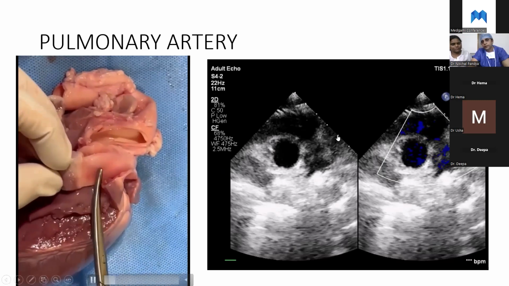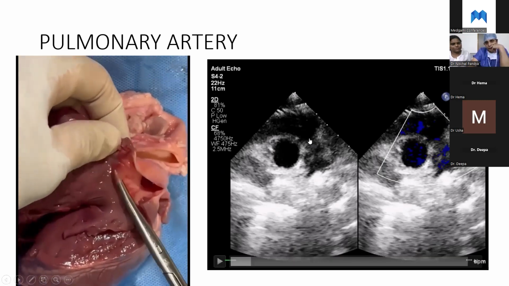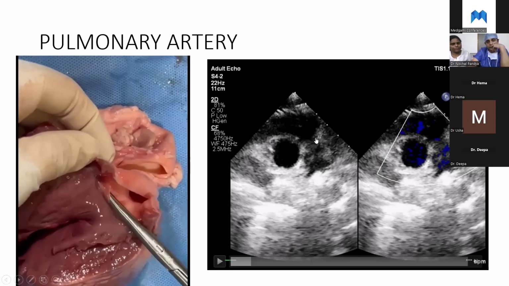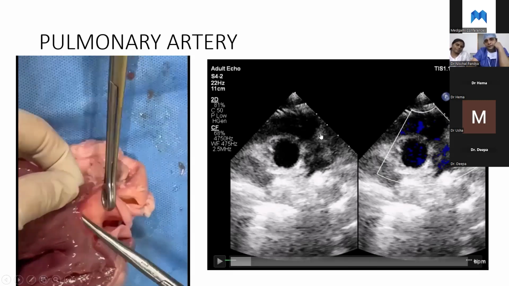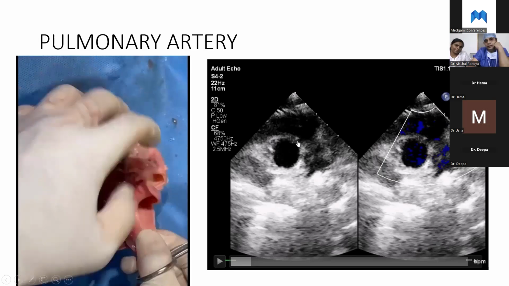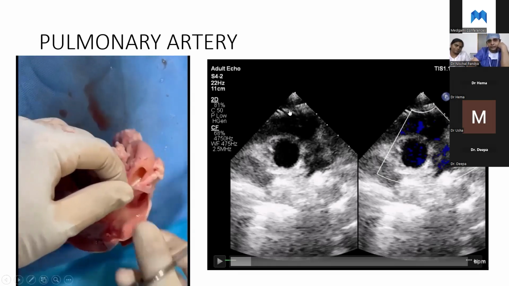And if you go back to the echo over here, that area, that is what we are seeing. So we are actually seeing you're going into the RVOT muscle area, and we are looking at the valve hinge points there. Again, the outlet area in TOF, we want to know how thick it is, how far it lies.